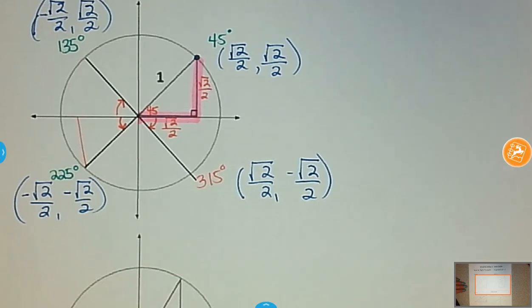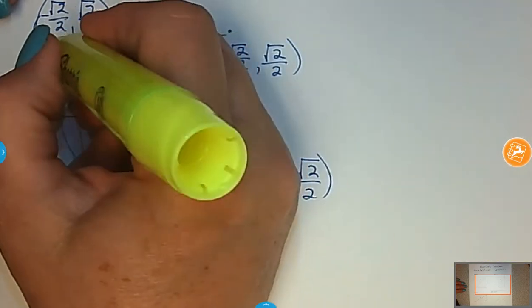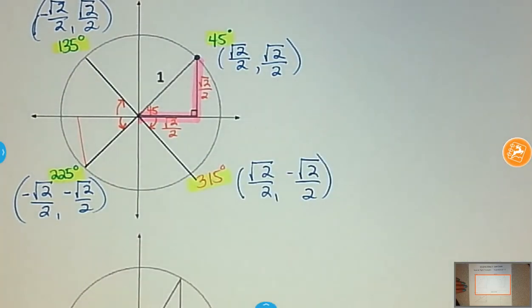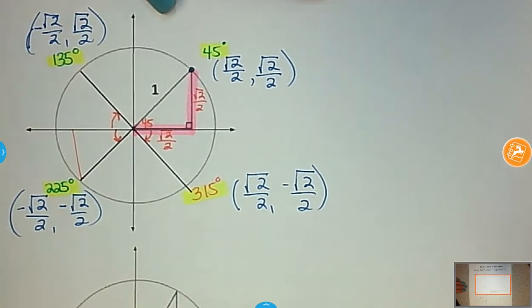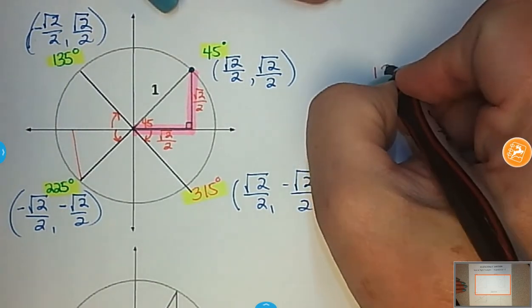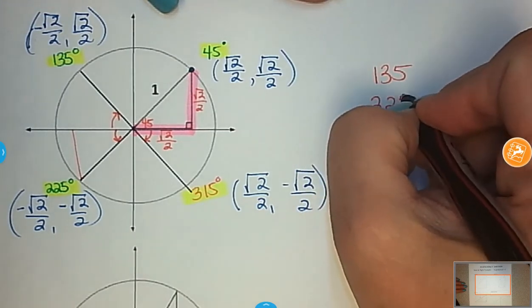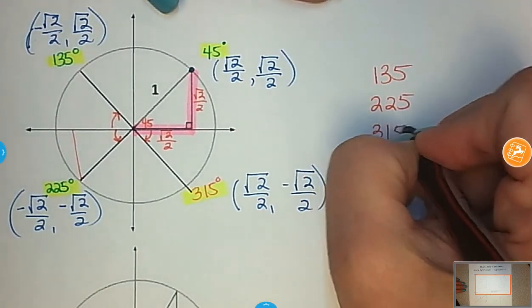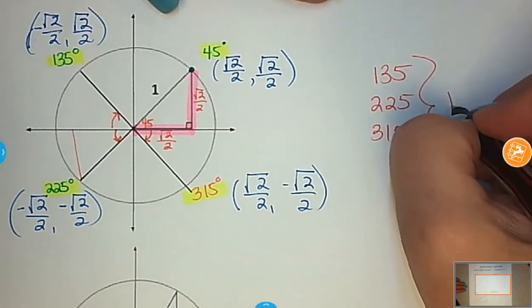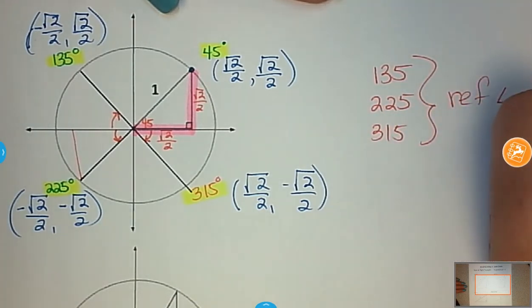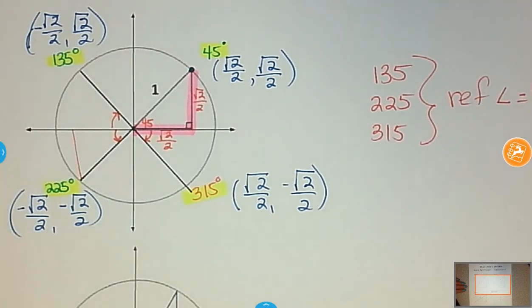So what I want you to notice about all of those angles is they are all 45 degrees away from the x-axis. So 135, 225, 315 all have a reference angle equal to 45 degrees.